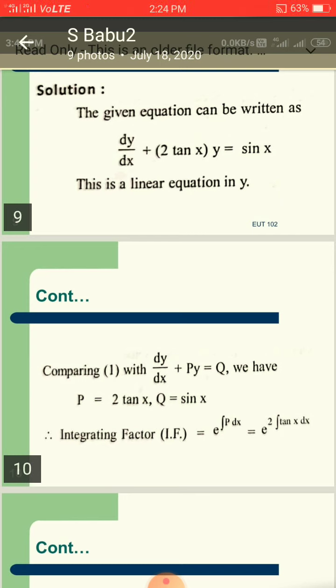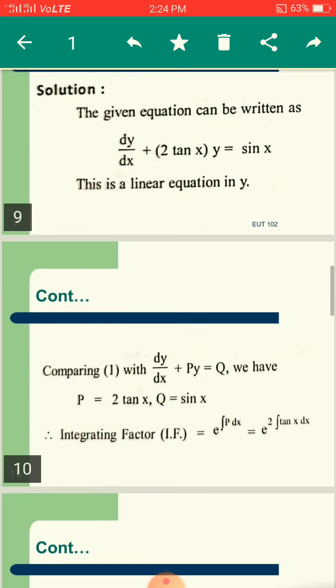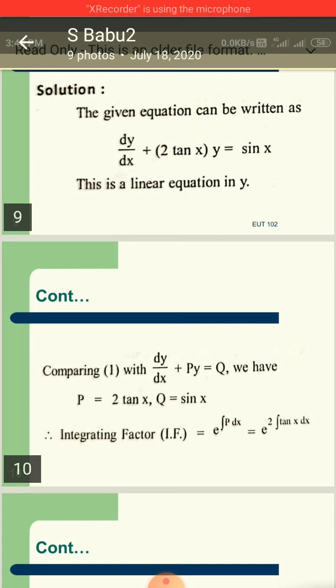The integrating factor formula is e power integration of capital P with respect to x. P is identified as 2 tan x, so the integrating factor is equal to e power integration 2 tan x dx. 2 is a constant, so we can write it outside the integration. Then we get e power 2 integration tan x dx.